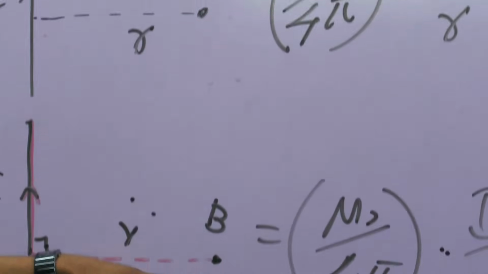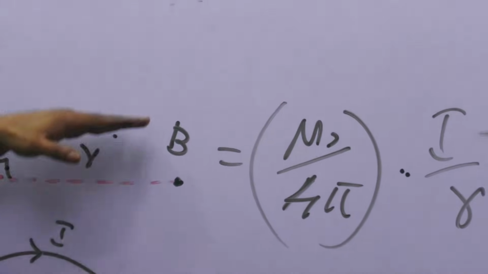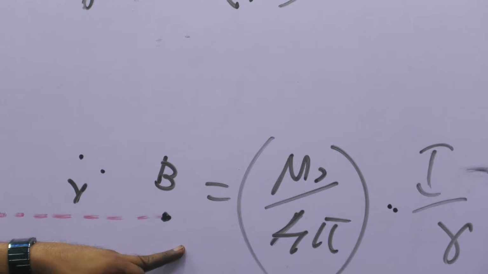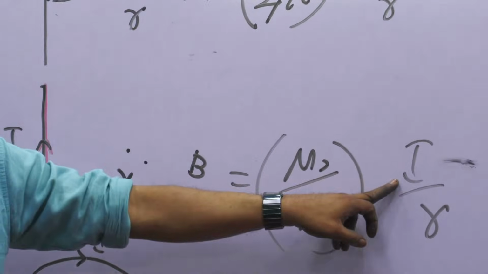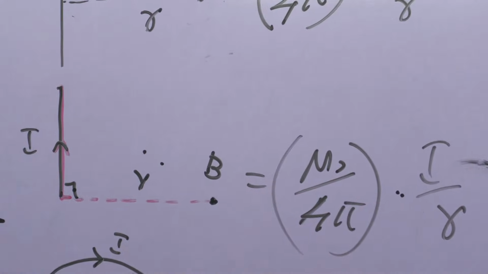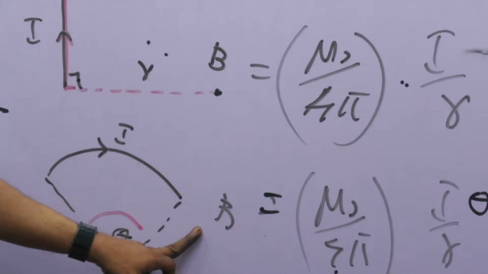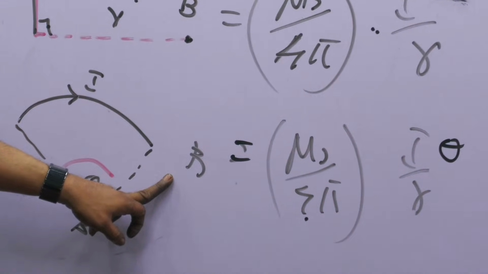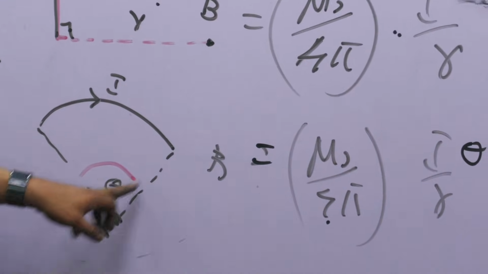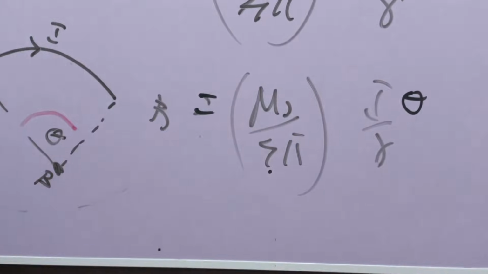When the current exists in one direction from the necessary point, you have to multiply by 1. When the subtended angle at the center is theta, you have to multiply by theta. Now listen to me.